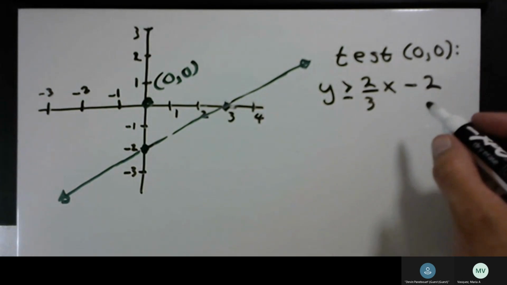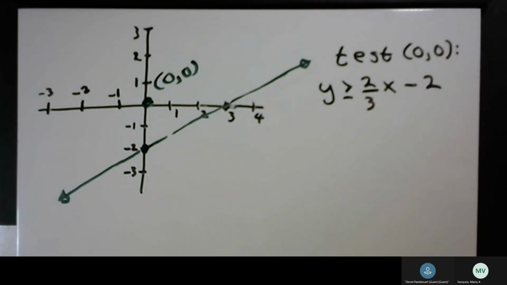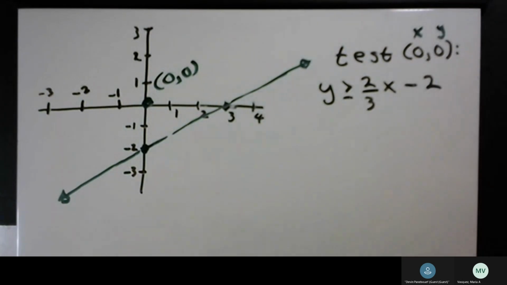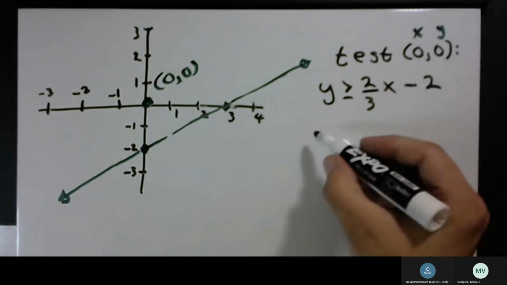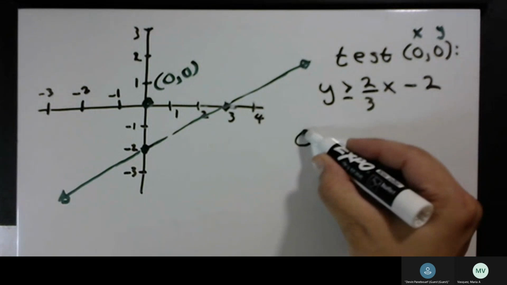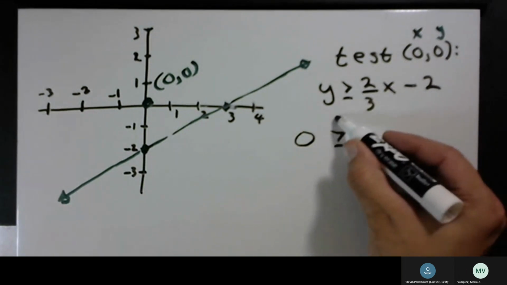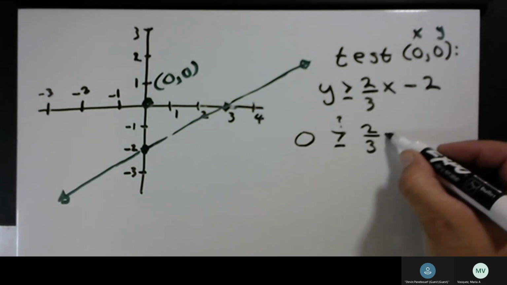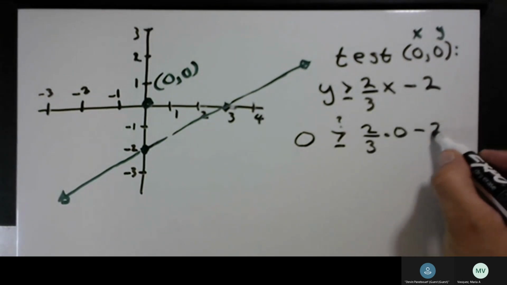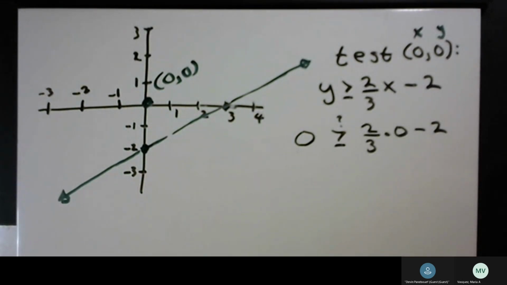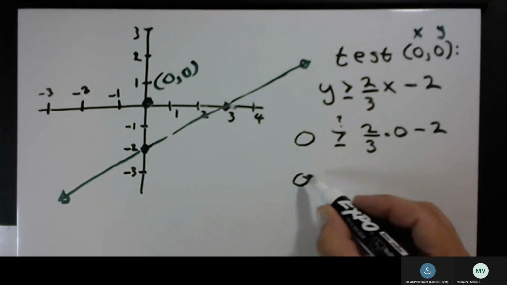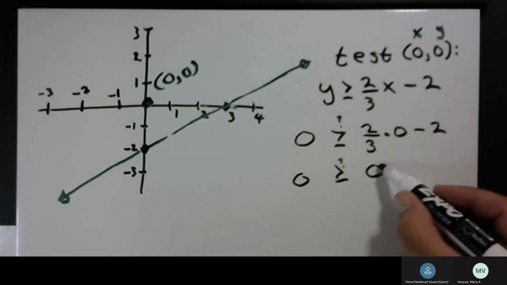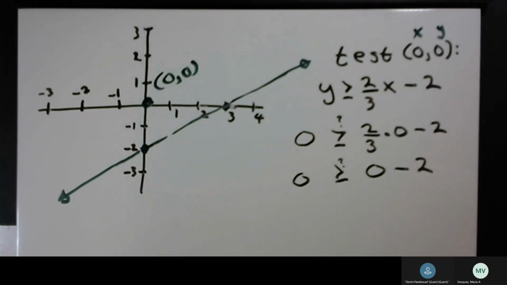So we're going to replace x and y with 0 and 0. So is 0 greater than or equal to 2/3 times 0 minus 2? Or is 0 greater than or equal to 0 minus 2?